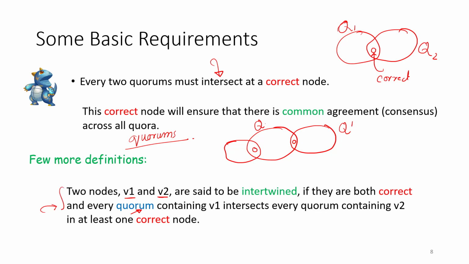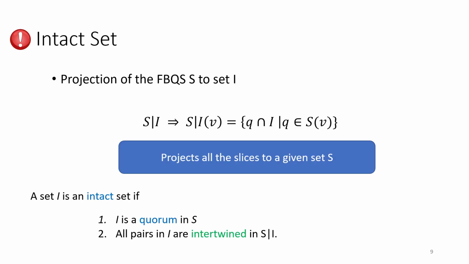This is slightly specializing the definition to a pair of nodes: two nodes are intertwined, number one, if they are correct, and number two, if every quorum that contains V1 will intersect every quorum that contains V2 at a correct node. It is a specialization of the definition, but we will see why it is being done like this.